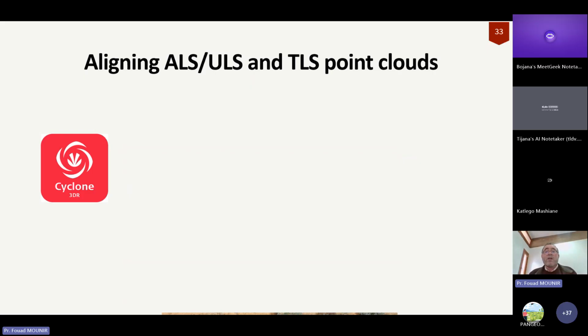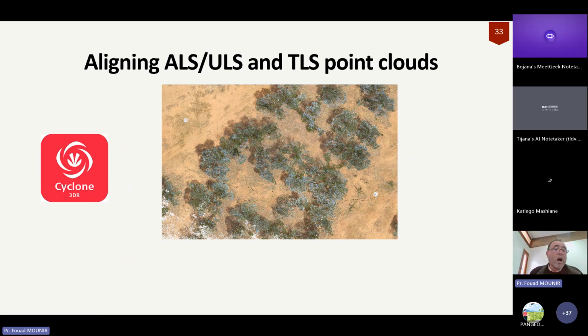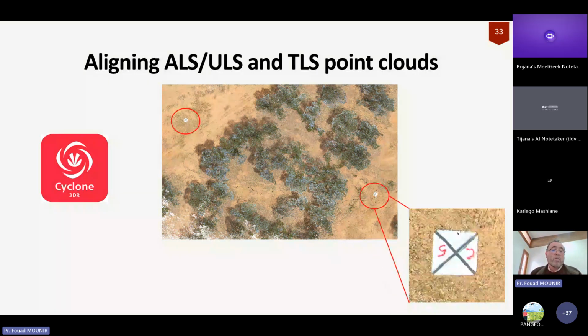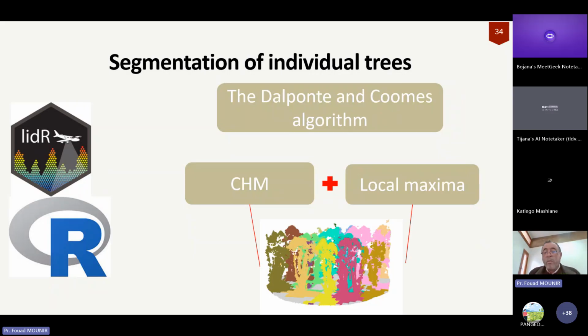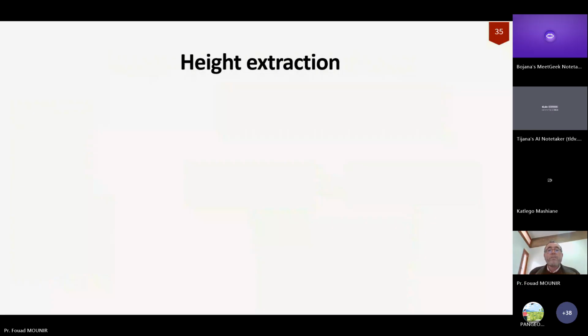And the segmentation of individual trees was done using the lidR package, which is a program using the R language based mainly on the Dalponte and Chm algorithms. It is based mainly on the canopy height models and the local maximum algorithm to be able to individualize trees, and that's what gave us the stand, which is well individualized here in this figure.